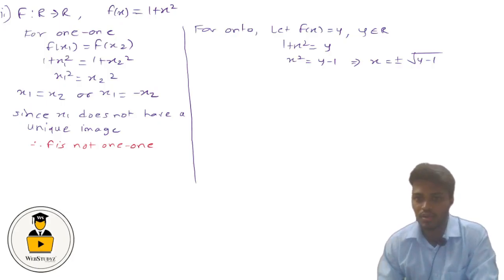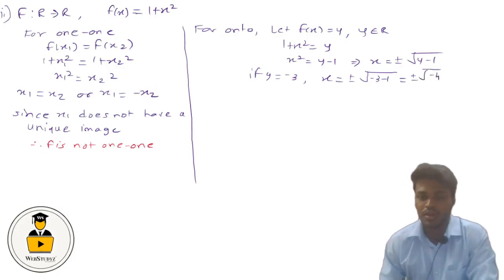Since y belongs to real numbers, it can take positive as well as negative values. If y equals minus 3, x will become plus minus root of minus 3 minus 1, so plus minus root of minus 4. And we know that root of any negative number is not a real number.